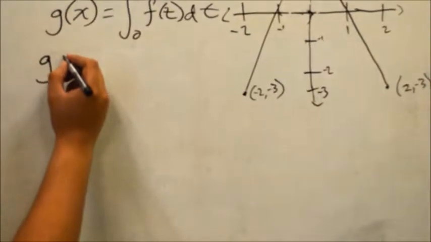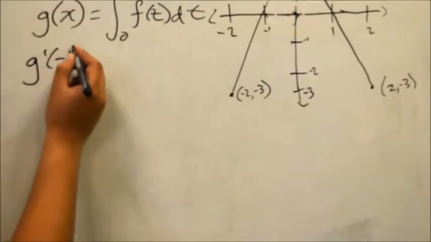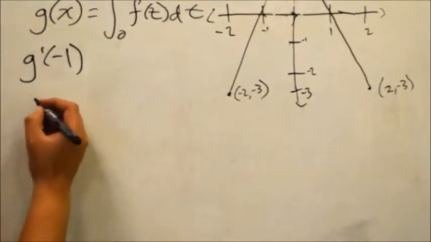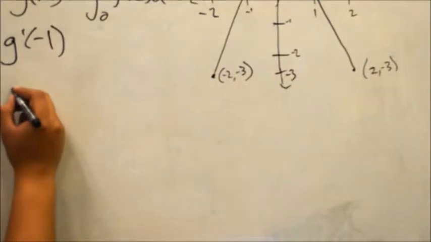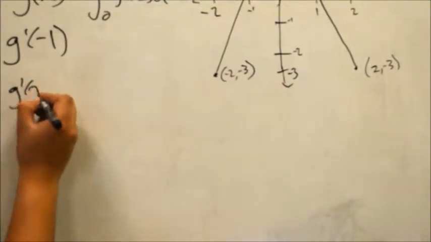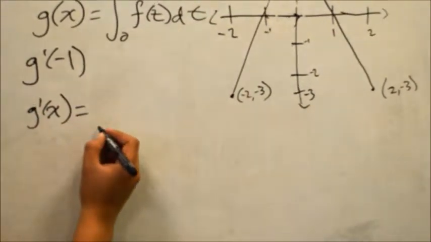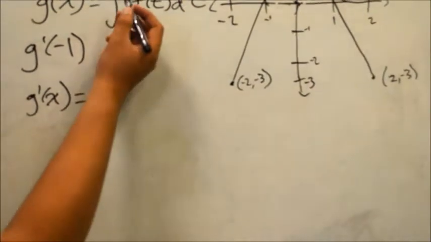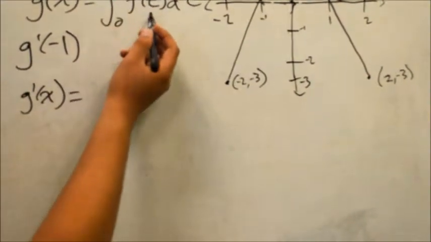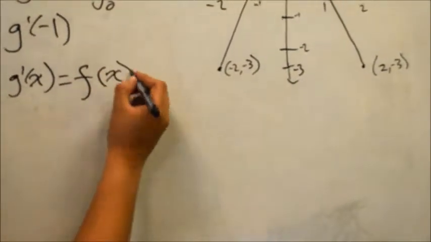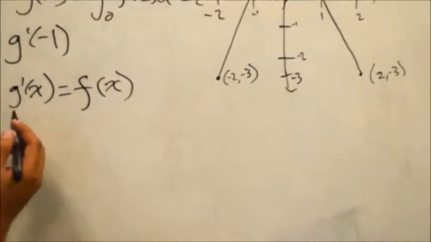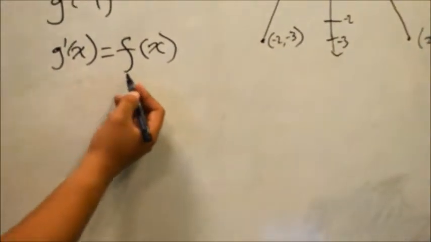Okay, so for g prime of -1, we have to find g prime of x, which is the derivative of this antiderivative. So g prime of x equals, we simply plug x back in, so we get f of x. So g prime of x equals f of x.